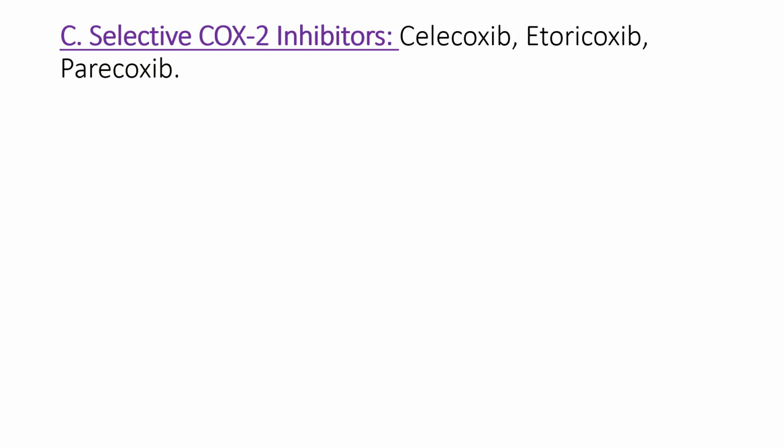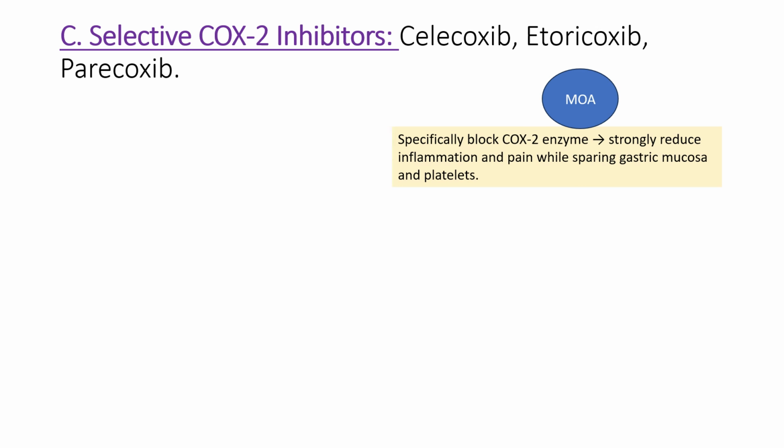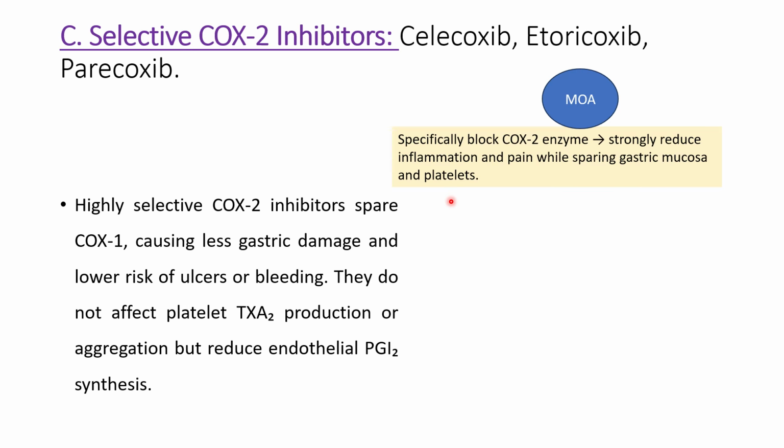Now the next class is the selective COX-2 inhibitor. So we'll see the mechanism of action. Selective COX-2 inhibitors selectively block the COX-2 enzyme, strongly reducing inflammation and pain while sparing the gastric mucosa and platelets. Highly selective COX-2 inhibitors spare COX-1, causing less gastric damage and lower risk of ulcer or bleeding.